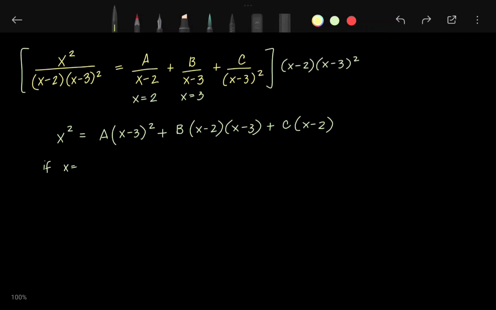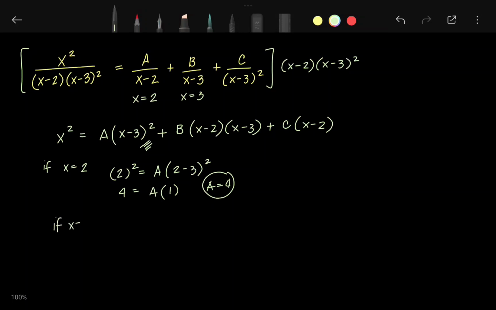So we are only left with the A term. That's x squared, that's 2 squared equals A times 2 minus 3 squared. 4 equals A, since negative 1 squared is 1. Therefore, A is equal to 4. Now, if x is equal to 3, which terms become 0?